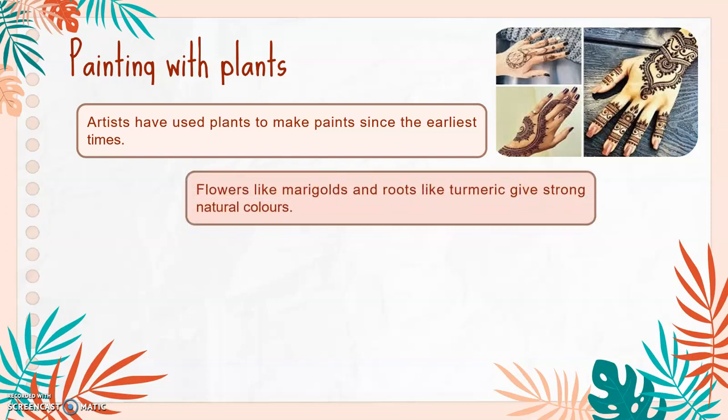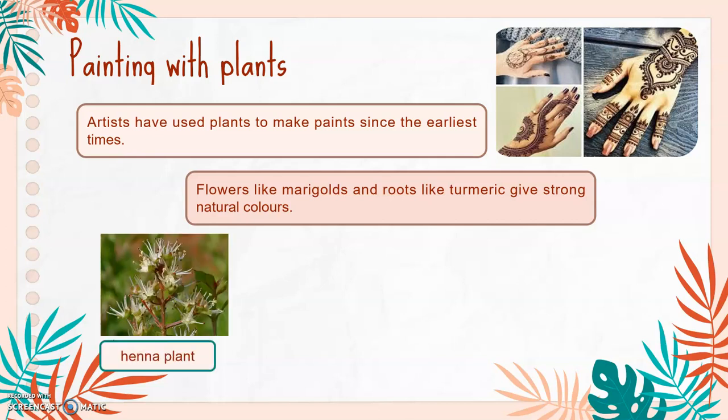And then flowers like marigolds and roots like turmeric give strong natural colors. Turmeric itu adalah kunyit yang memberikan warna yang natural.